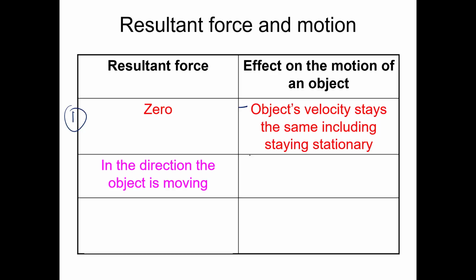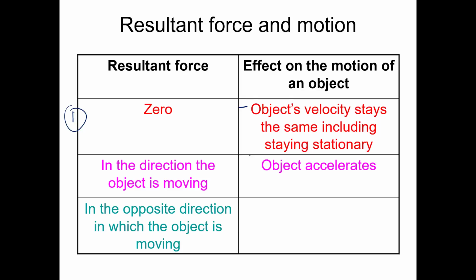If the resultant force is in the direction the object is moving, for example, in case someone is riding a bicycle and then you simply push, what will be the effect on the body? Yes, the object will accelerate. In other words, the body will speed up. The velocity will increase. All the speed will increase. All those are simply different ways of explaining the same answer.